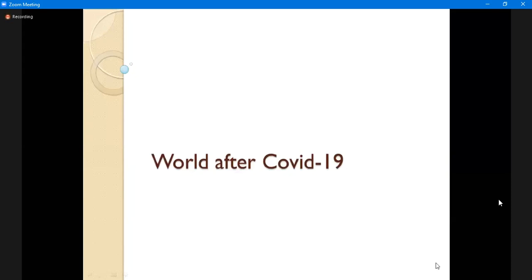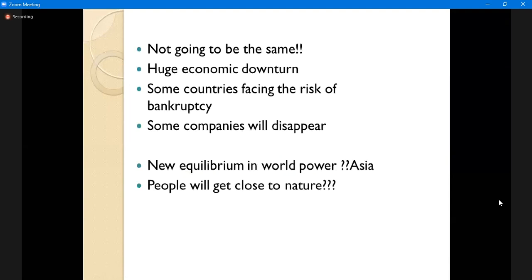Okay, so what the future holds for COVID-19, no one knows. That is for speculation. But we know that the world is not going to be the same in this post-COVID period. People have already predicted there will be a huge economic downturn globally as well as at the country level.